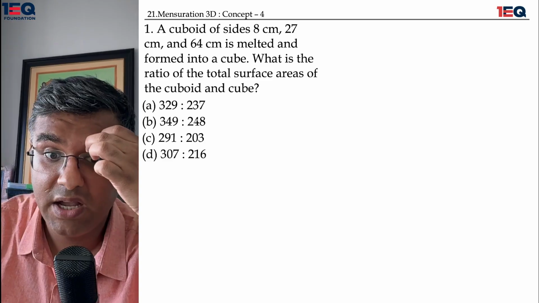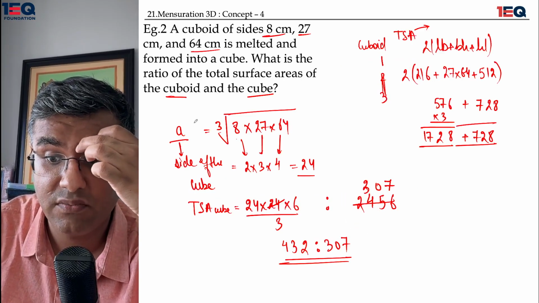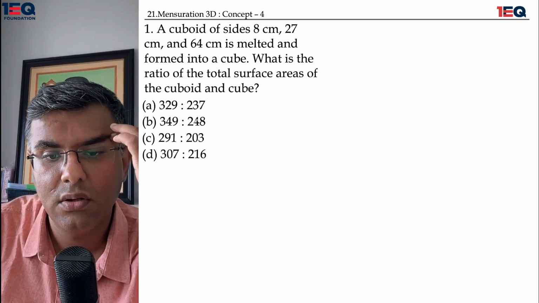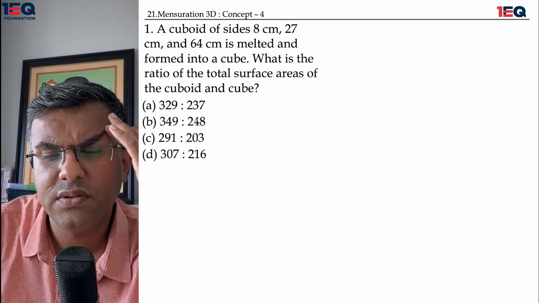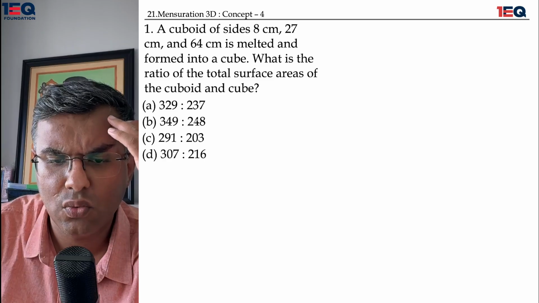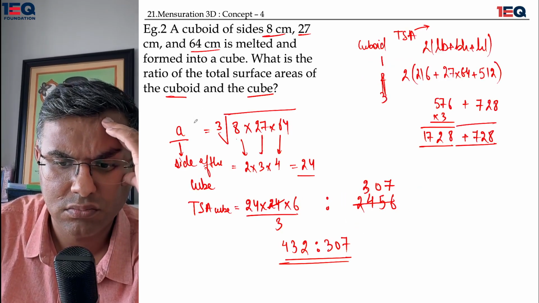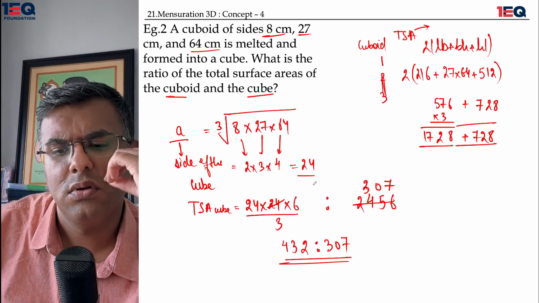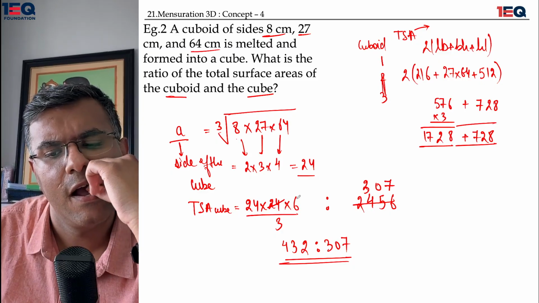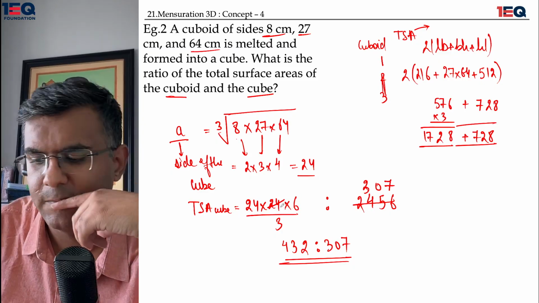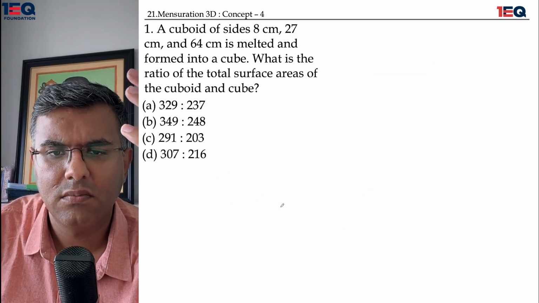I think we have done this question here. 432 is to 307. 307 is to 216. 432. Was there a gap that was created here? Yeah, this is it.